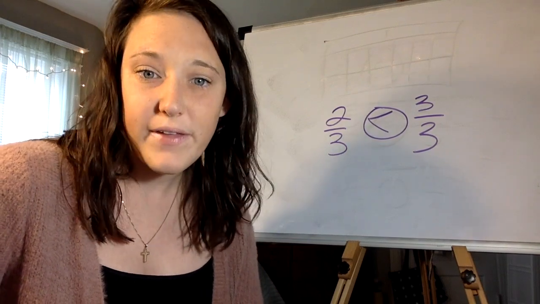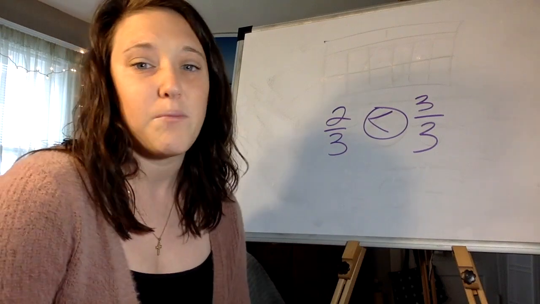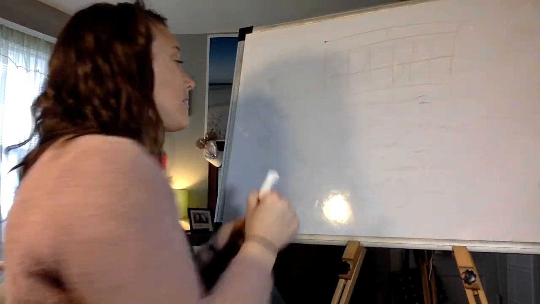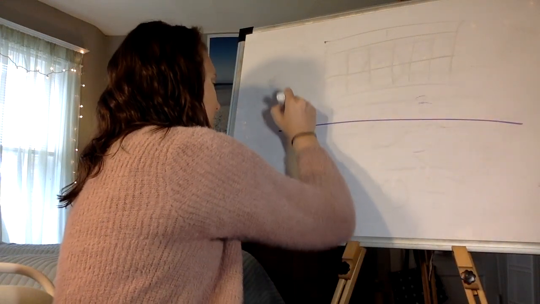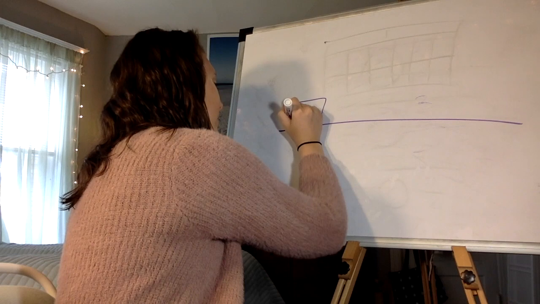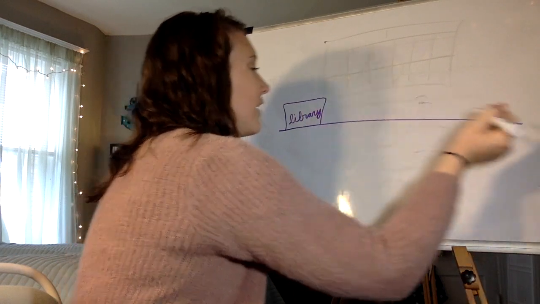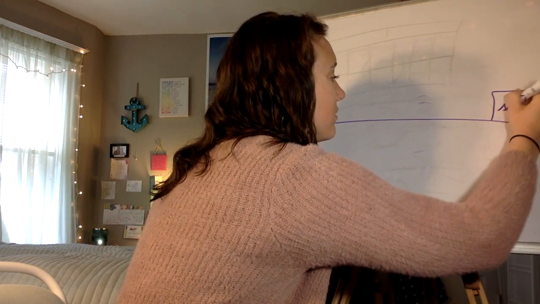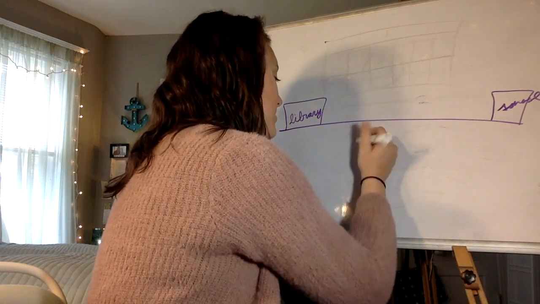When we talked about this example in class, I drew it out like a number line, and I put the library, and then the school, and then we've got our houses.